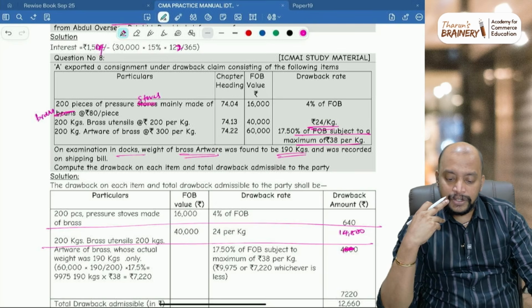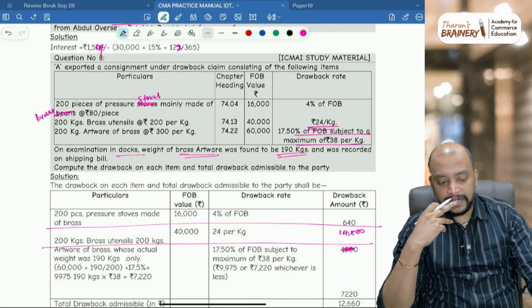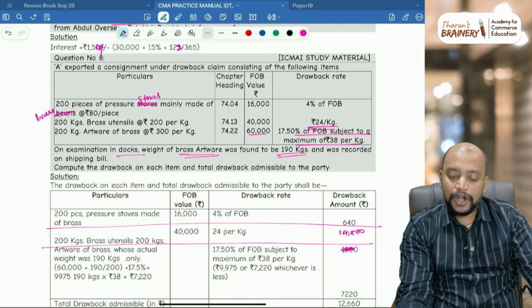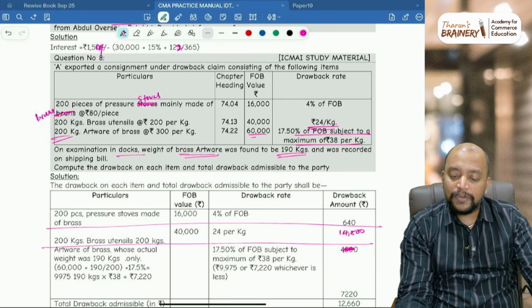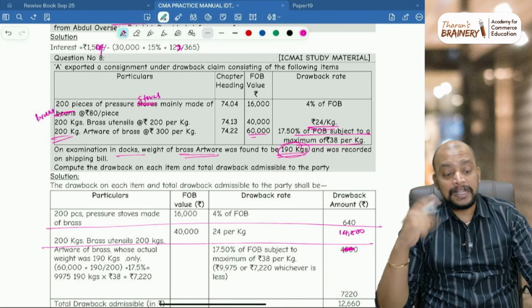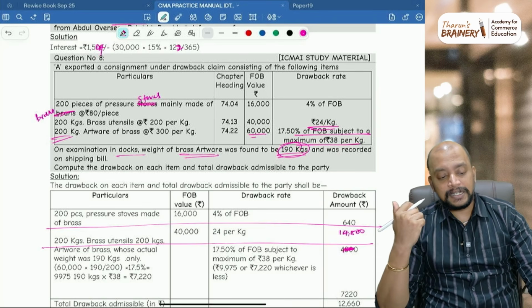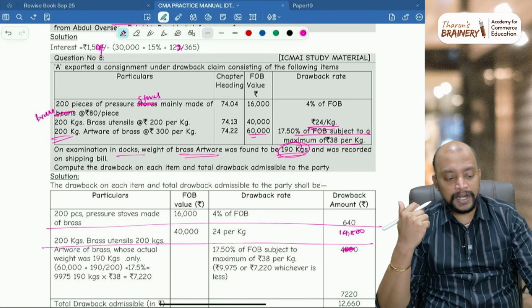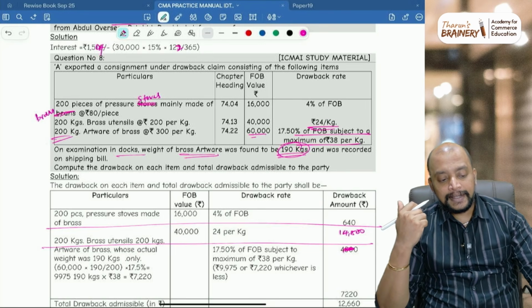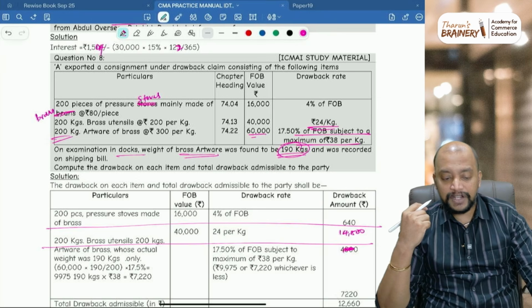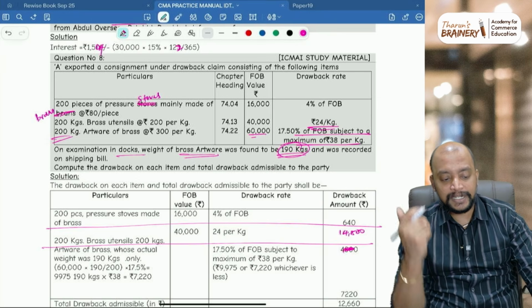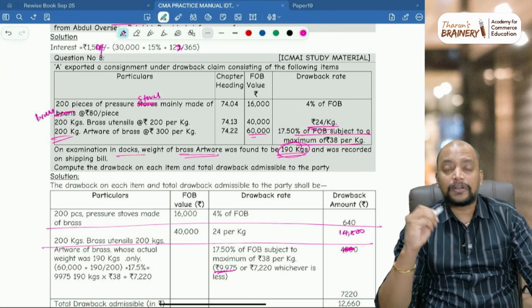60,000 into 17.5%. But sir, 60,000 is for how many kgs? 200. But only 190 kgs is exported, na. Then proportionately you change. 60,000 divided by 200 into 190. That will be 57,000. 57,000 into 17.5%, 9,975.